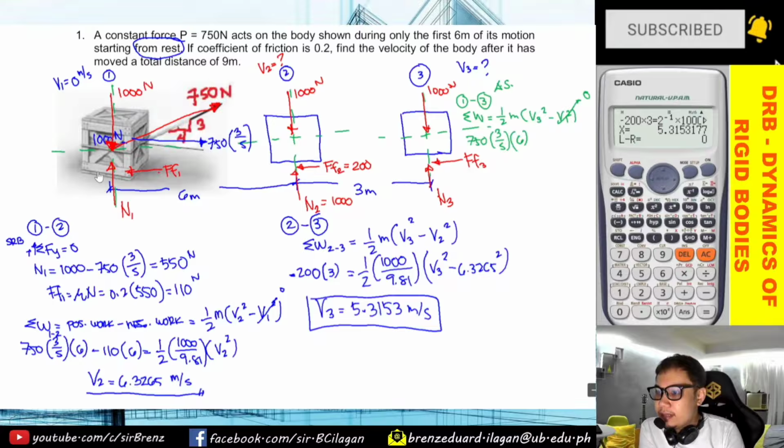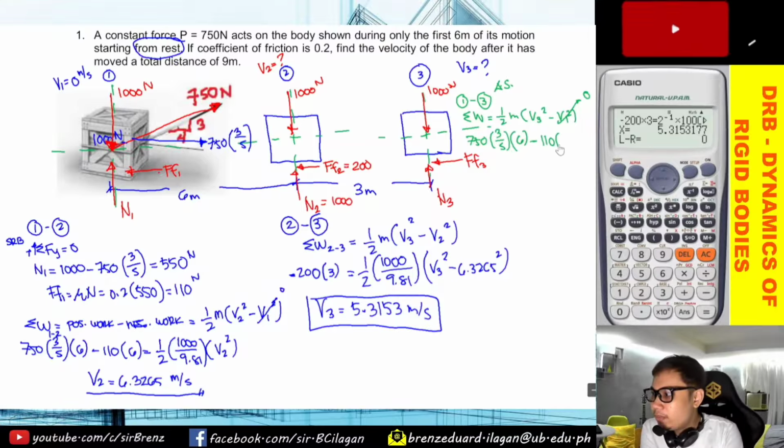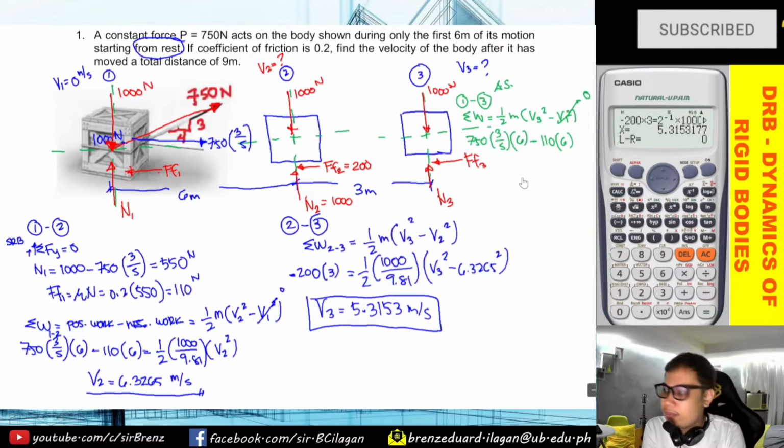Okay? So, ngayon, meron ka ditong frictional force. So, minus, yung frictional force at point 1, 110. So, multiply mo lang din ang distance sa 6. Kasi from 6 meters to 9 meters, iba yung value ng frictional force niya. Kasi nga, nawala yung ating 750.